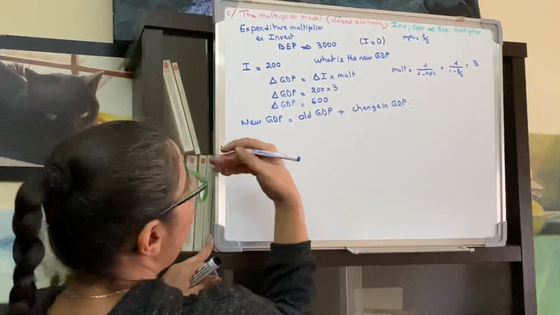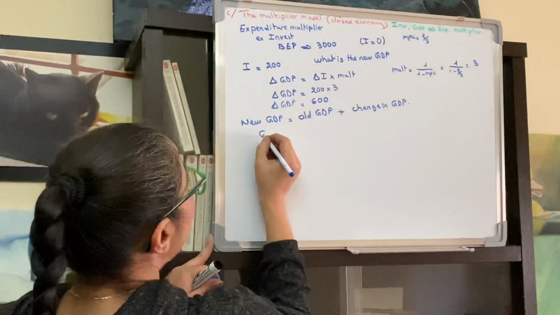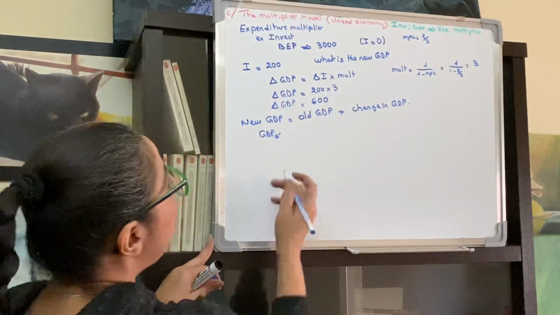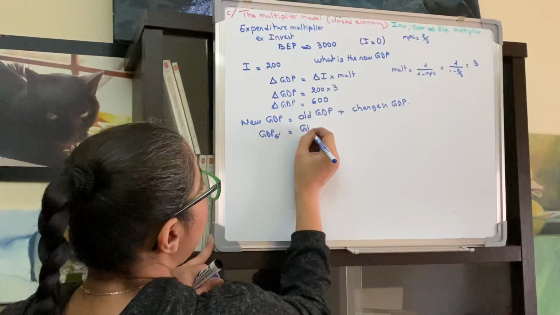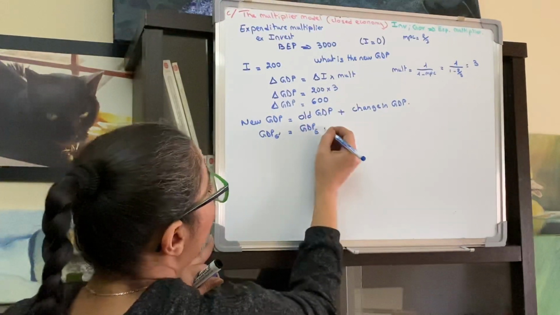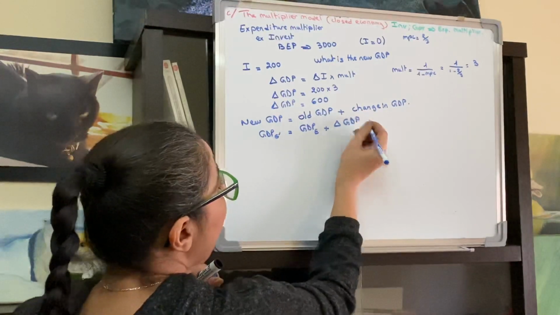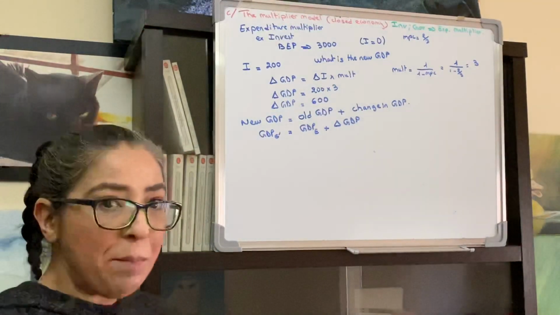If I write it mathematically, GDP at E prime, which is the new equilibrium, is equal to GDP at E plus delta GDP, the change of GDP. Okay?